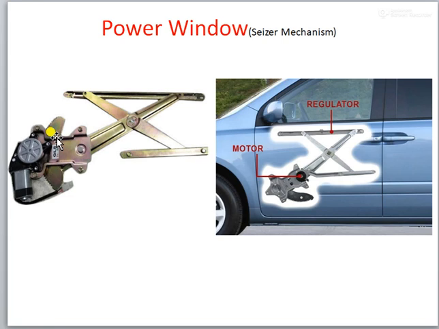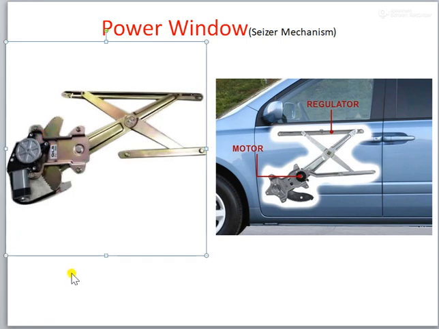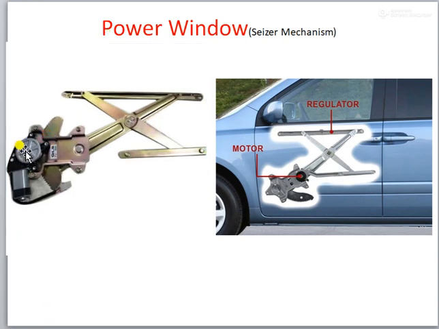In the case of the manual door window, instead of a motor we are using a door handle over here. The gear that meshes with the sector gear of this big link, and the wheel that meshes with these teeth, has the door handle over it, which we have to rotate.